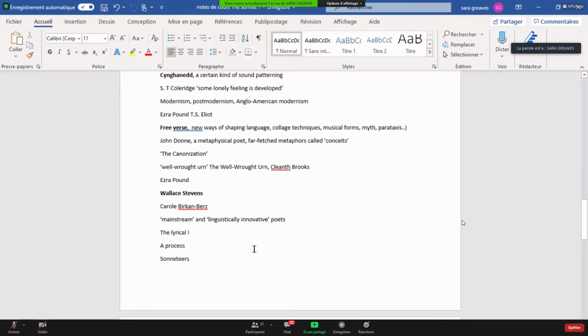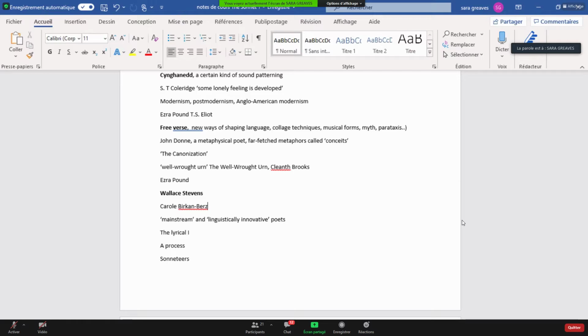I've sent you a link to an article by her on the contemporary English sonnet. So I do recommend that. It's called Mapping the Contemporary Sonnet in Mainstream and Linguistically Innovative Late 20th and Early 21st Century British Poetry. So it's on our subject.